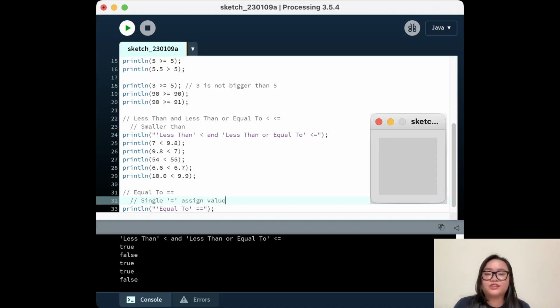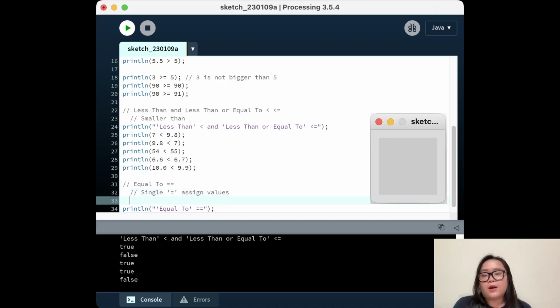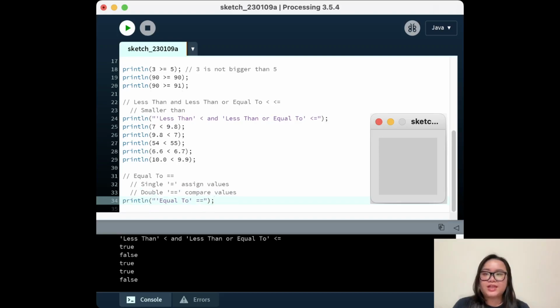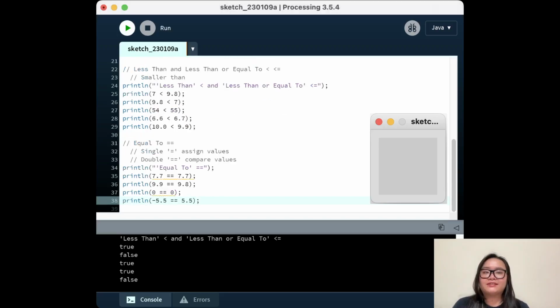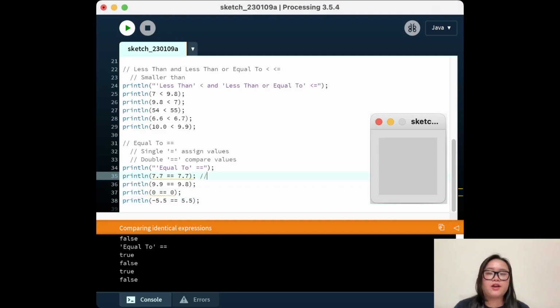Like the other relational operators, the equal to operator is strict and only returns true if the two values are exactly the same. Let's go through a couple of examples. 7.7 and 7.7, true. 9.9 and 9.8, false. 0 and 0, true. And negative 5.5 and 5.5 is false.